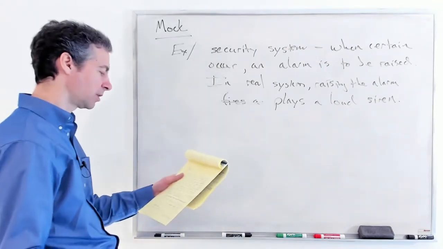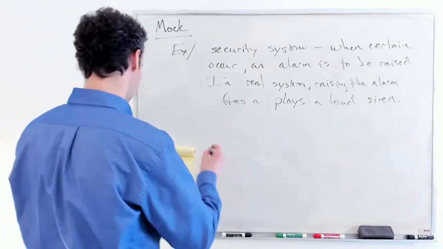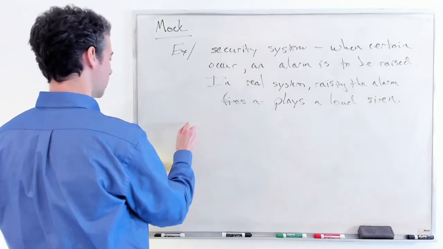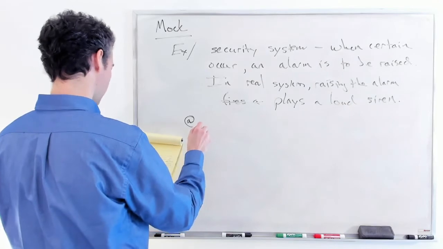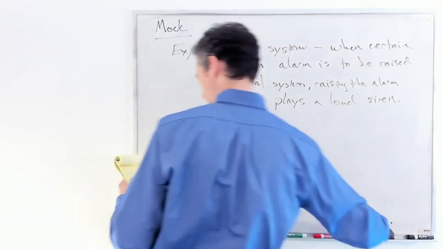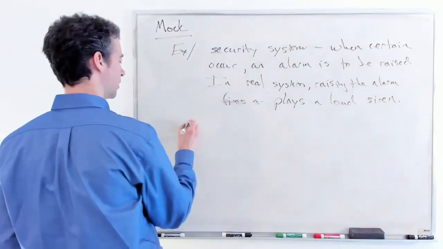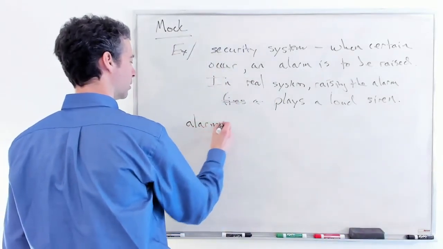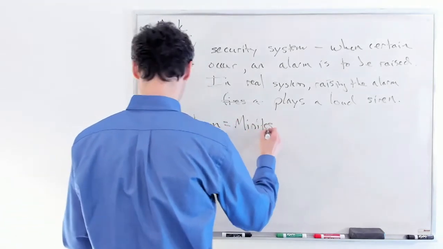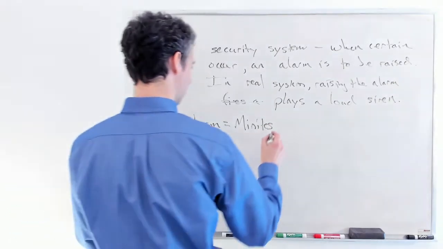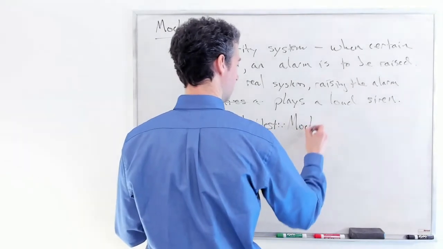And so what we can do very nicely is set up a mock. Minitest has some functionality to allow us to do that. Let's say we've got a variable, alarm, and we're going to ask Minitest to create us a new mock.